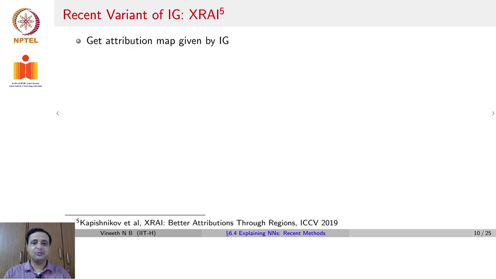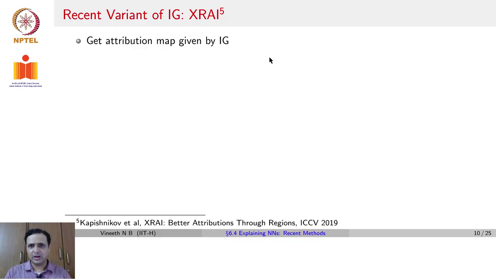A more recent variant of integrated gradients is known as XRAI. It was published in ICCV of 2019, where the idea is to take integrated gradients, but in the context of computer vision, to treat it in terms of segments rather than pixels.